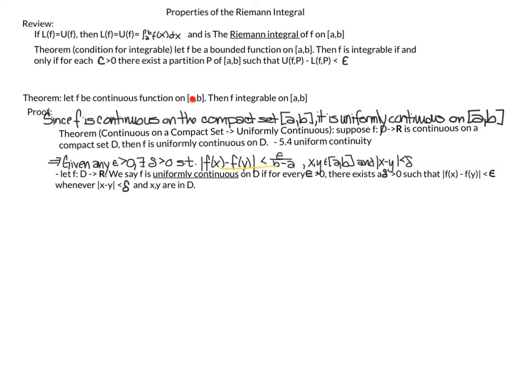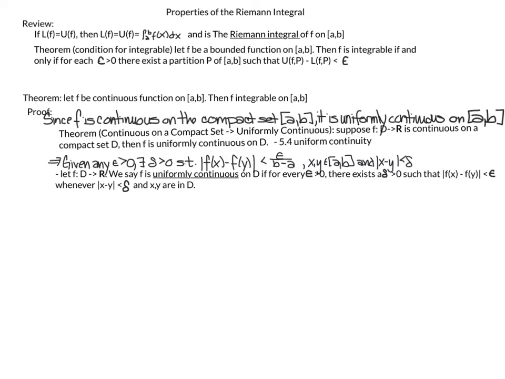We start with f is continuous on the closed interval [a,b]. So since [a,b] is closed, it contains its boundaries, so it is compact. So f is continuous on the compact set. And by this theorem here that we saw from when we were looking at uniformly continuous functions, if f is continuous on a compact set, it is uniformly continuous on the compact set.